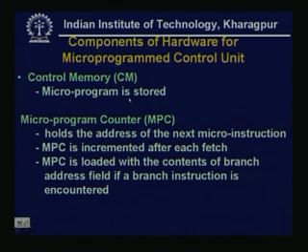Next one is the microprogram counter, called the MPC. It holds the address of the next micro instruction to be executed. MPC is initially loaded from an external source to point to the starting address of the microprogram.